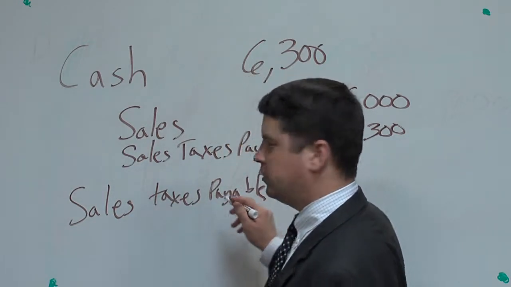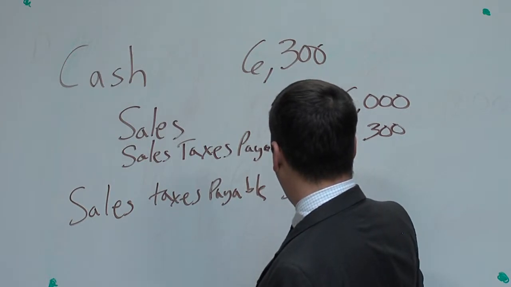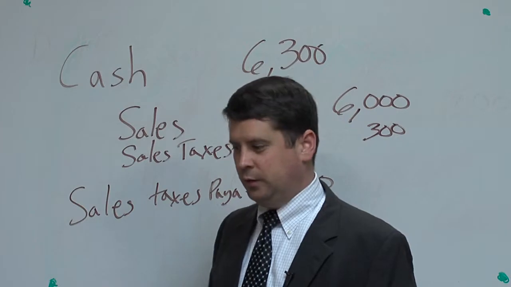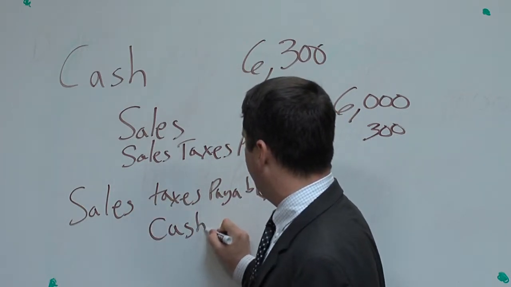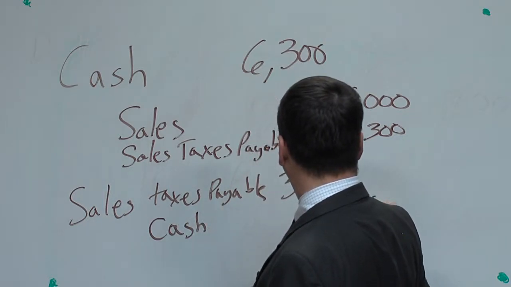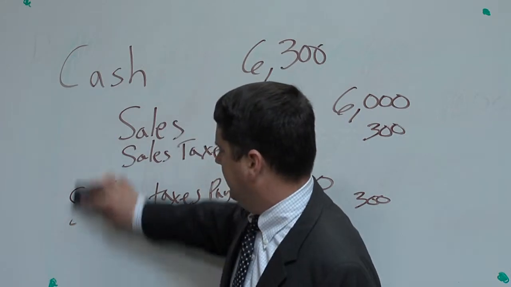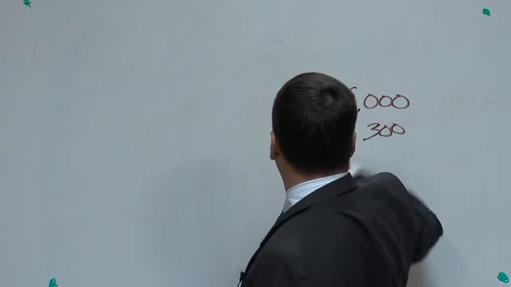It was a credit, so we're going to debit it to get rid of that. And we're going to debit it $300. And then what do you use to pay something with? What would you pay your taxes with? Cash. So you're going to credit cash $300. So that's how you would do the journal entries for sales tax and sales tax payables.